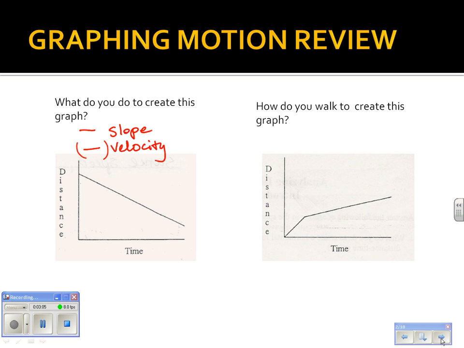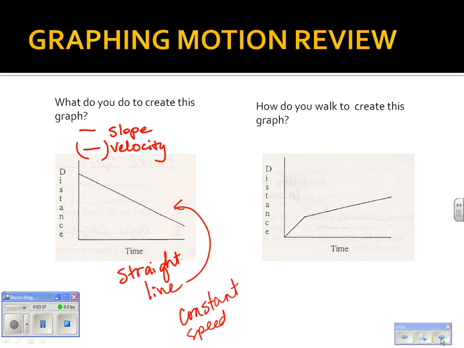So when I used the example in class that I'd ridden to McDonald's and then I'd hung out and ate my quarter pounder with cheese and then I came back to the high school, this would be my traveling back. So this is my negative velocity. Also, because it's a straight line, that means it is a constant speed. There's little things to remember.